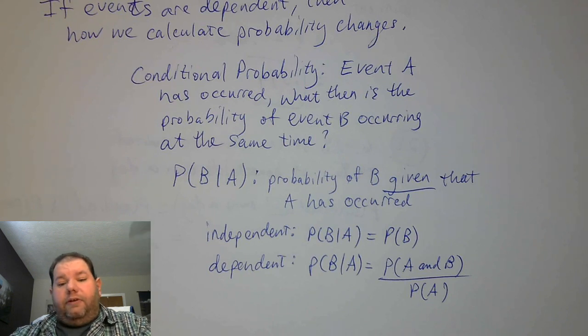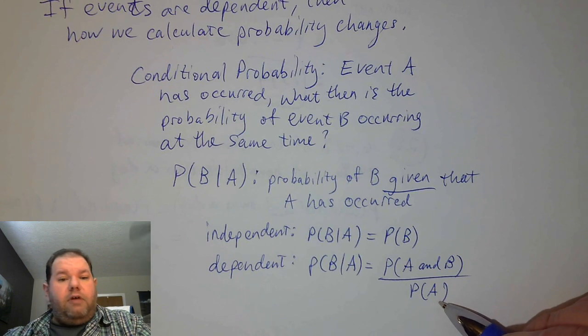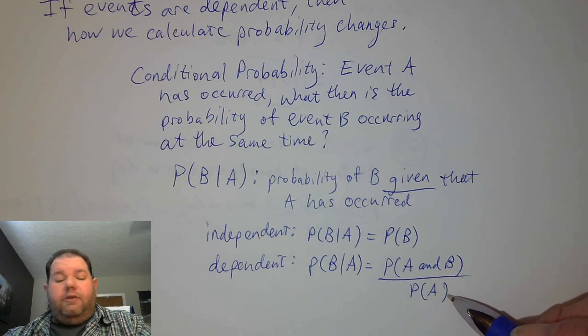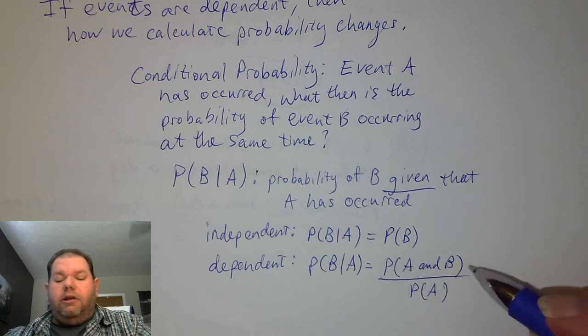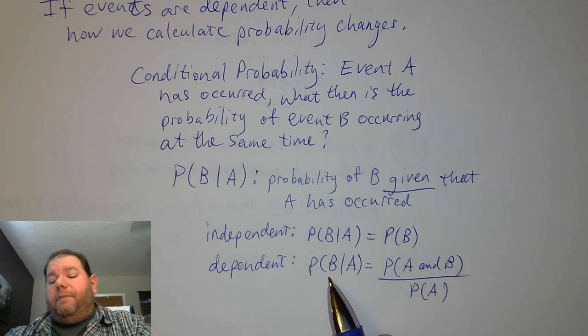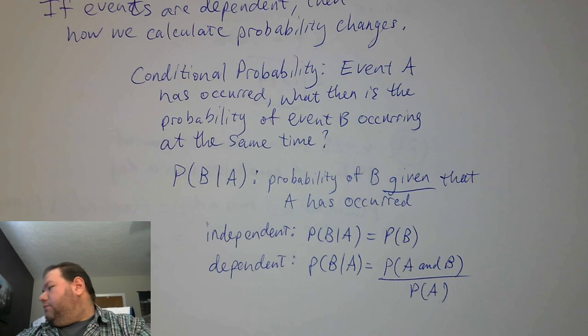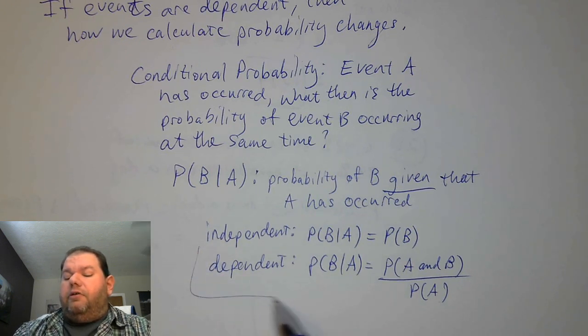Now, what this really amounts to is that, first of all, we have to know how likely it is for A to have occurred in the first place. That's what P of A is on the bottom. And of those scenarios where A did occur, how likely is it for both of them to occur then? And that gives us the probability of B given A. And so this is really the one that we want to focus on in this section.